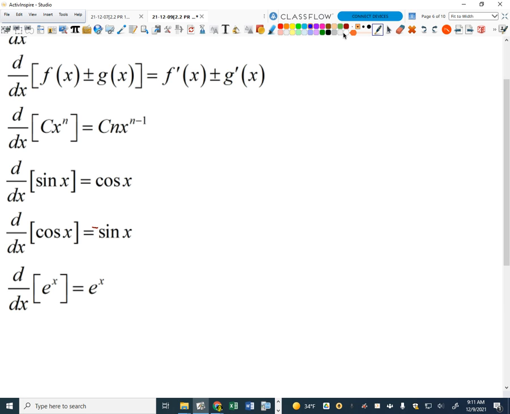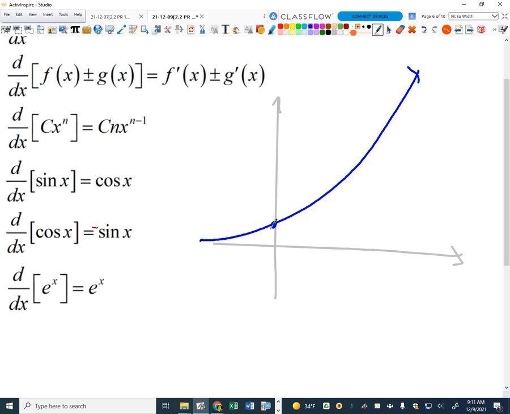Pretty bizarre. If we look at the e to the x function, that's our exponential curve, right?